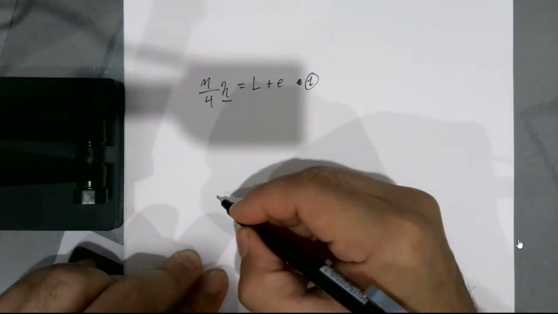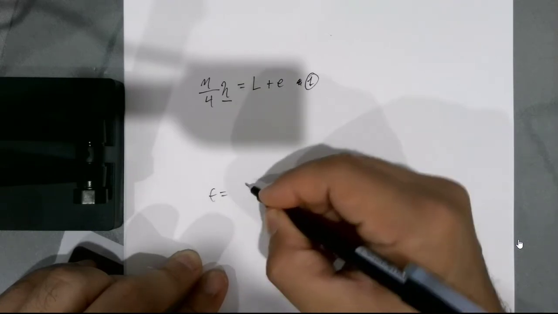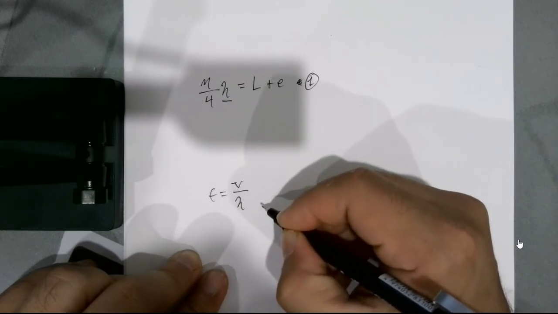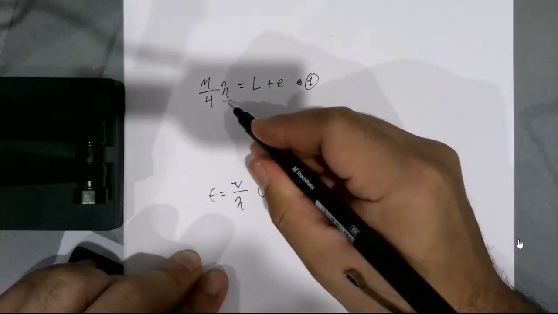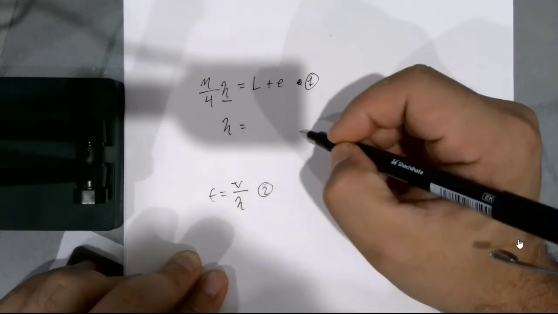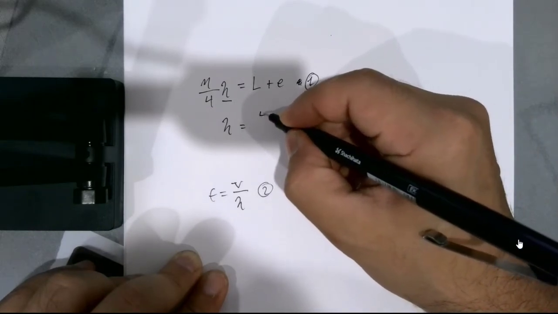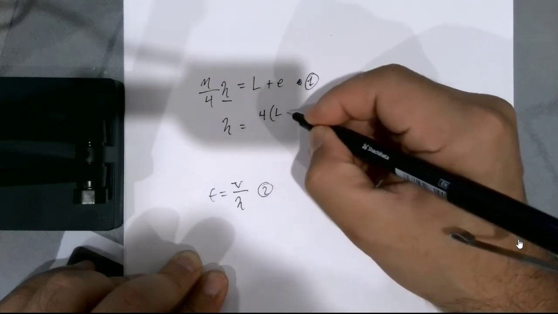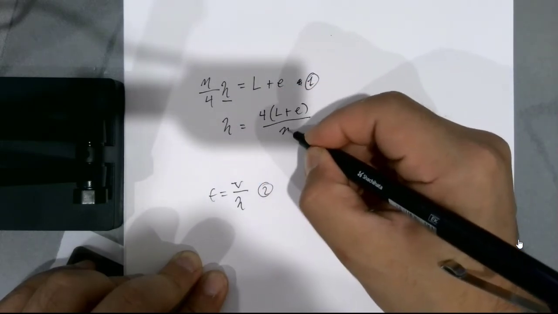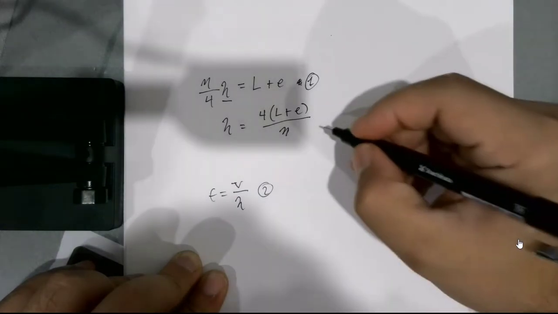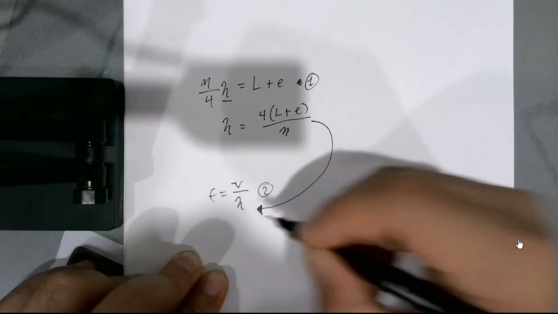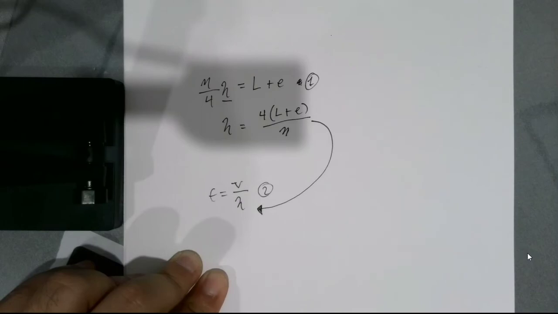Our second equation is frequency is equal to the speed of sound divided by the wavelength. So we rearrange equation 1 for wavelength. We get wavelength is equal to 4 times the length plus end correction divided by the n harmonic. And what we're going to do is substitute this value in there, and then we'll simplify for frequency.